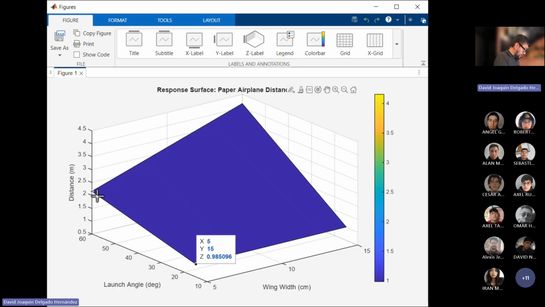Then the next combination will be large and low. In this case, you have 1.01.